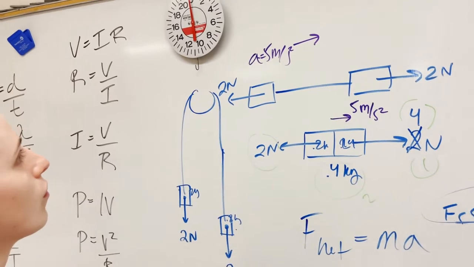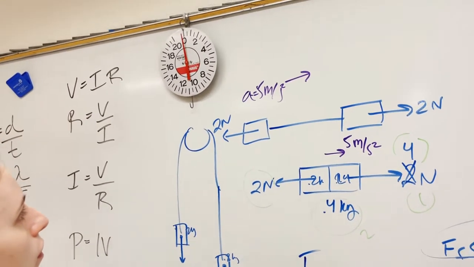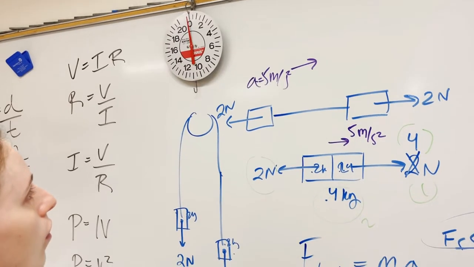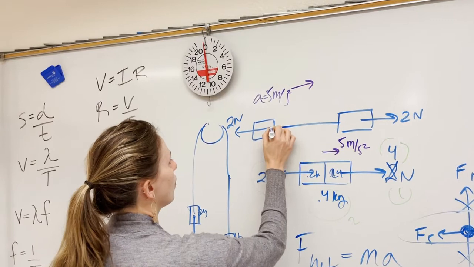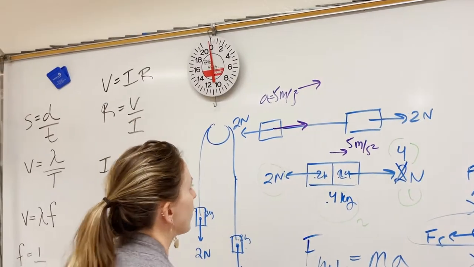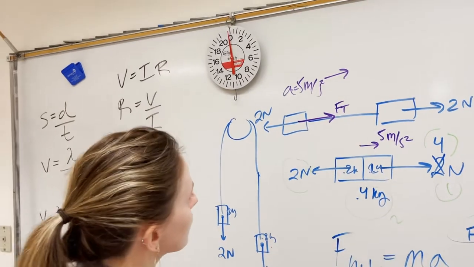In order to find the force of tension in the string, what force would produce that acceleration on 0.2 kilograms? We want to find out the force of tension right there, pulling on that mass.